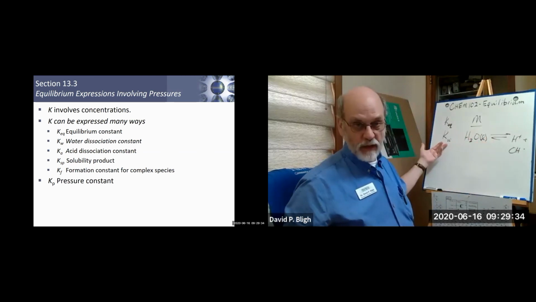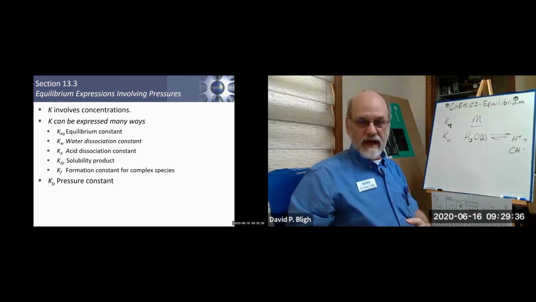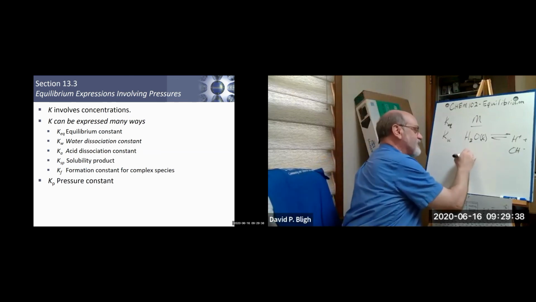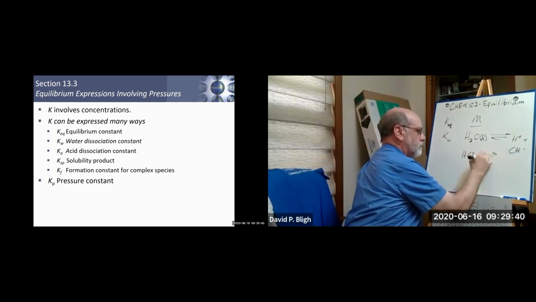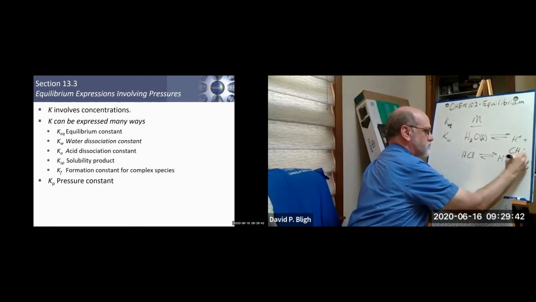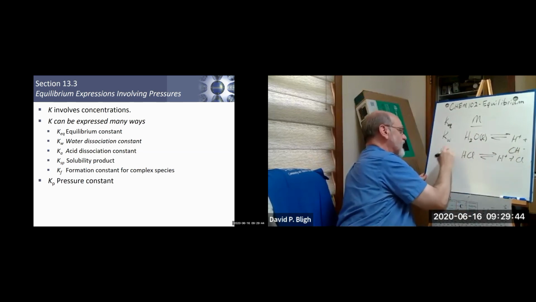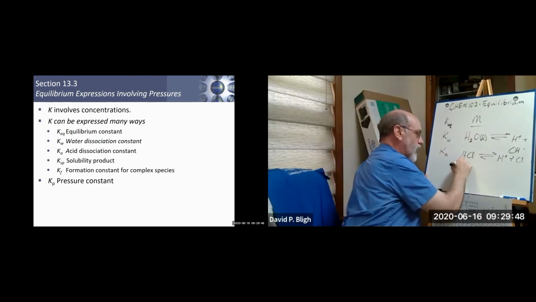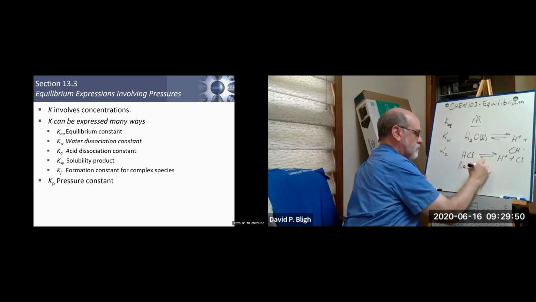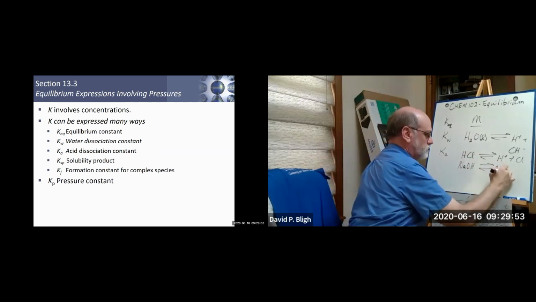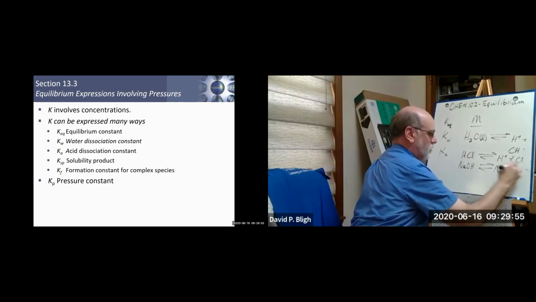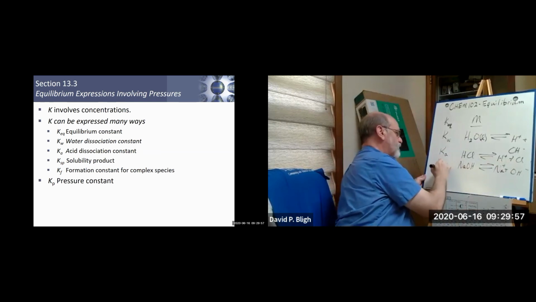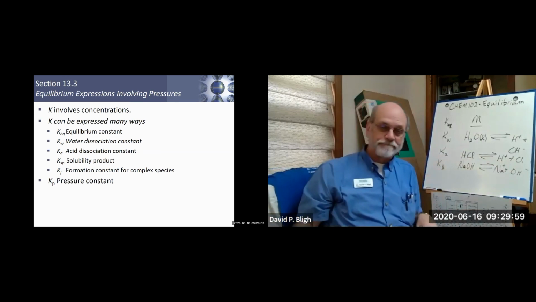And we call that Kw. You can dissociate an acid, and we call that a Ka. You can dissociate a base, and we call that Kb. Okay?